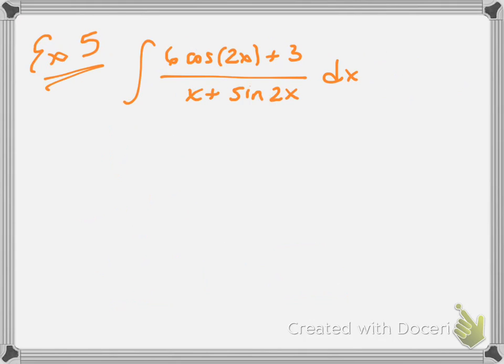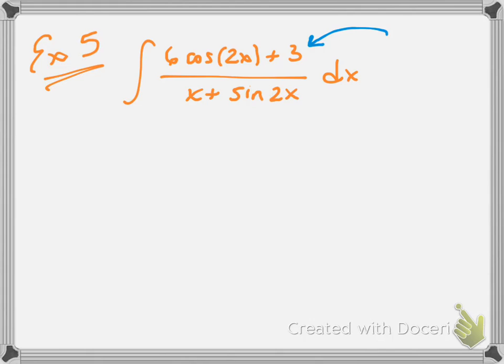I'm going to jump a little bit. Let's go to example 5. You can do 3 and 4 on your own, and after this slide, we'll get you the answers to those. But let's look at example 5. This one looks a little more loaded because there's a lot going on here, but if we approach this with the same mentality, and let's say we didn't know what to choose for u, you have a world of problems here. If you choose the numerator for u, yes, the derivative involves some sine of 2x, but that's it.